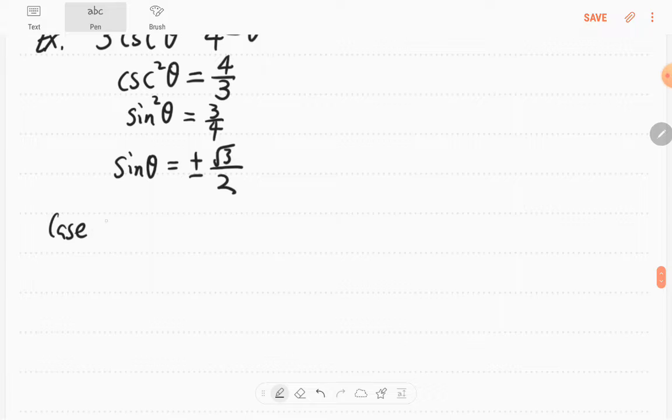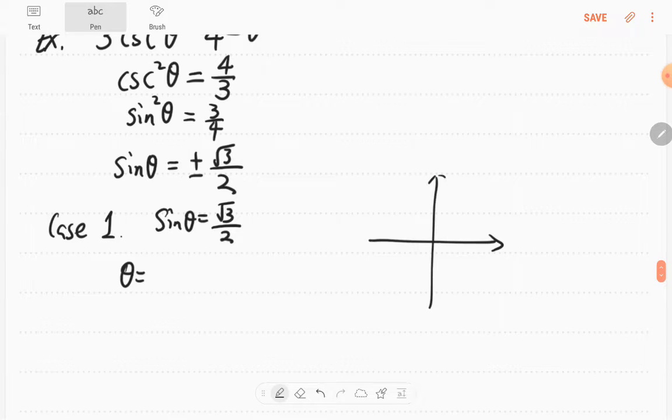Case 1, sine theta equals square root 3 over 2. We can find that it would be in the first and the second quadrant, right? The reference angle is pi over 3. So the first angle is pi over 3 plus 2 pi times n, which includes all the angles that share this terminal side.